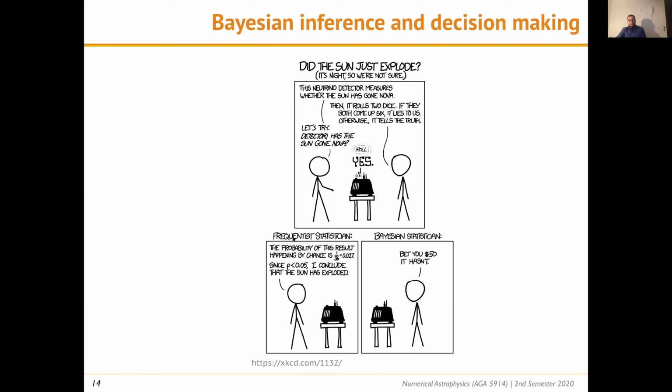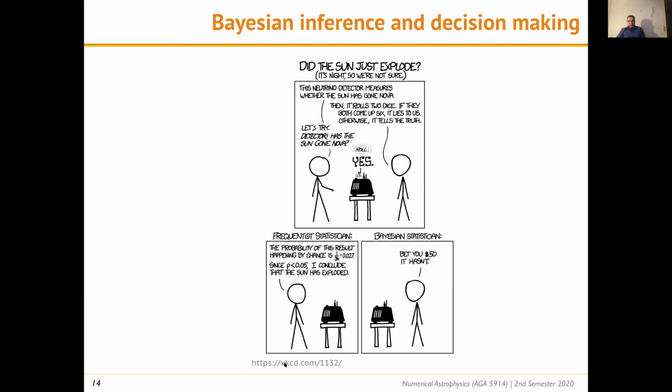A frequentist approach is, okay, if we roll two dice and we get two sixes, the chance is 1/36, 0.027, then it means that the sun has exploded. But the Bayesian statistician will probably say, yeah, I bet you $50 that it hasn't.